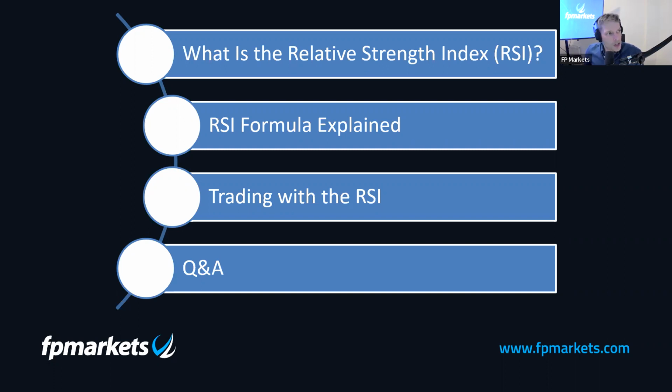With that, first on the scale, I'll be briefly describing the Relative Strength Index, what is an RSI, and highlighting its formula or calculation. I have purposely kept the formula as basic as possible.